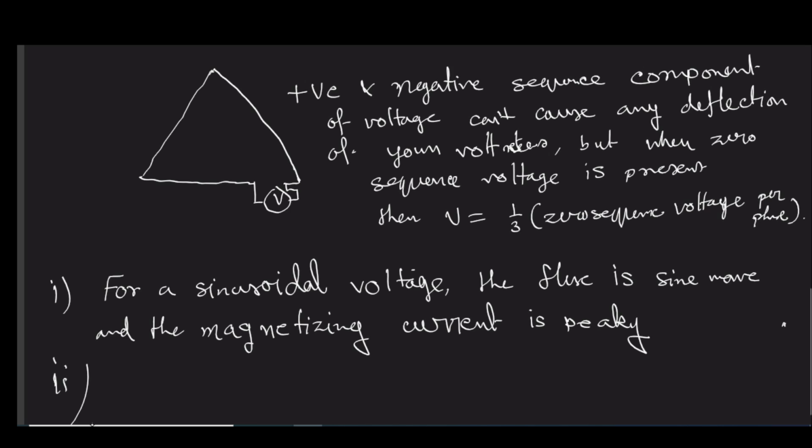What is the story? If your primary side is connected in star and the neutral is not grounded, then obviously what will happen?